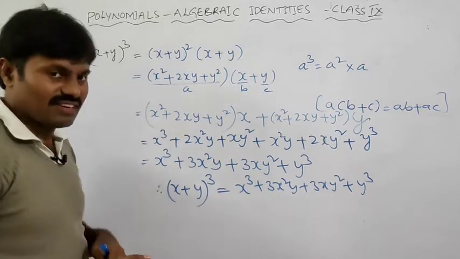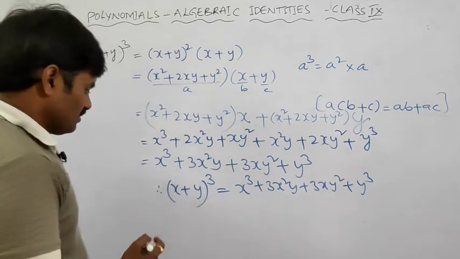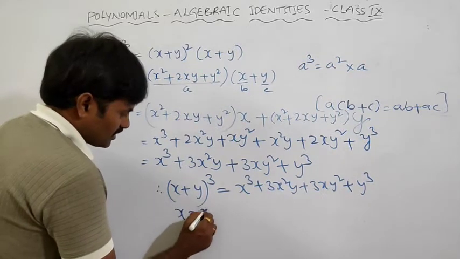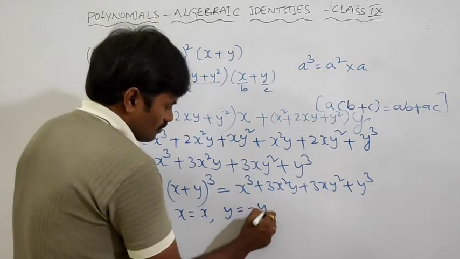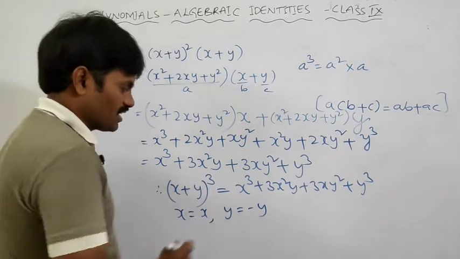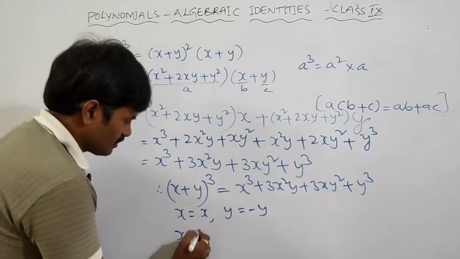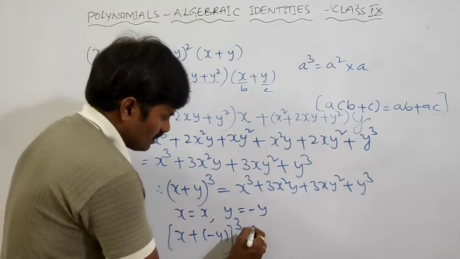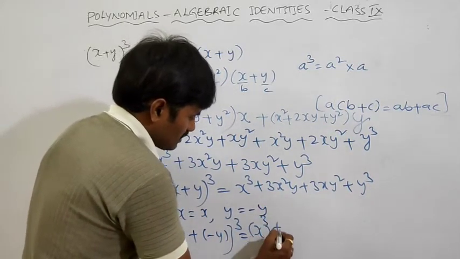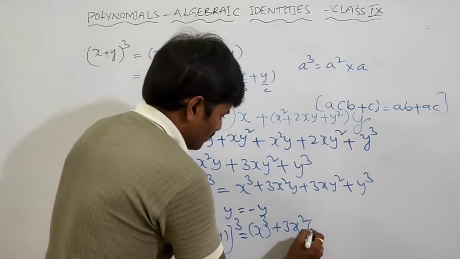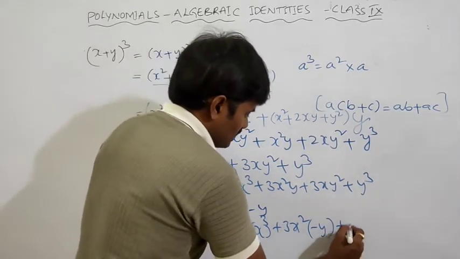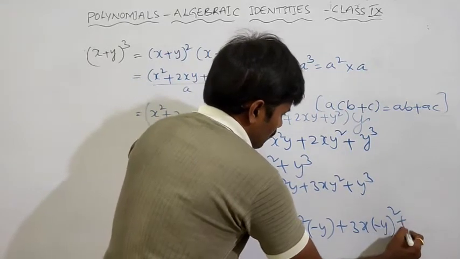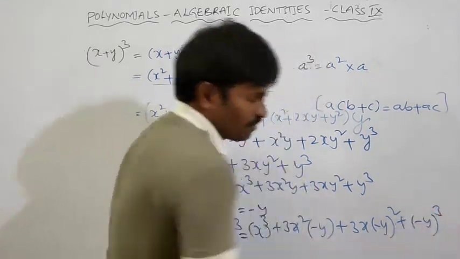By using this identity we can write it. If you replace x by x itself and y by minus y, (x plus minus y) whole cube is equal to x cube plus 3x square into minus y, plus 3x into (minus y) whole square, plus (minus y) whole cube.